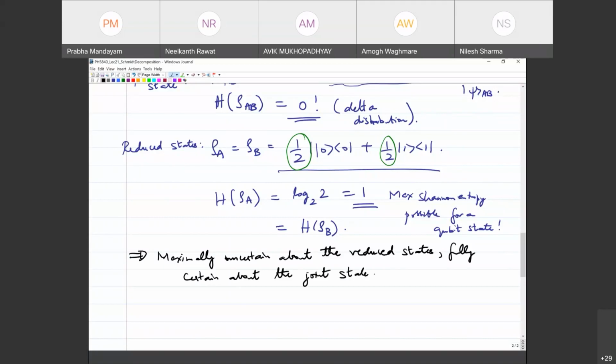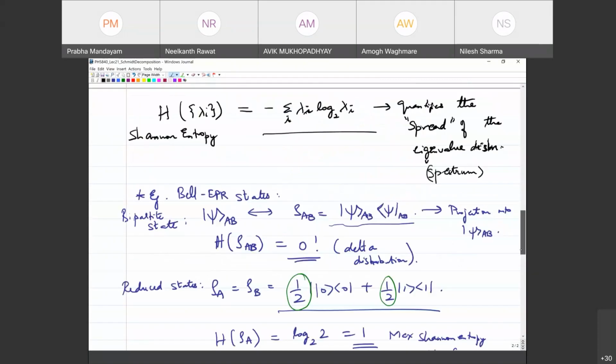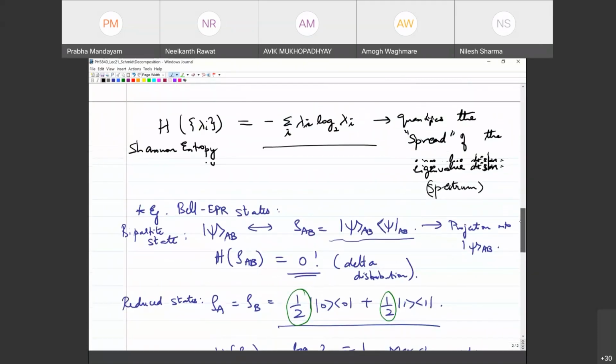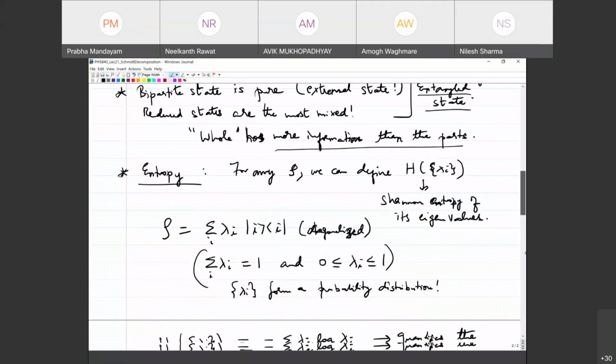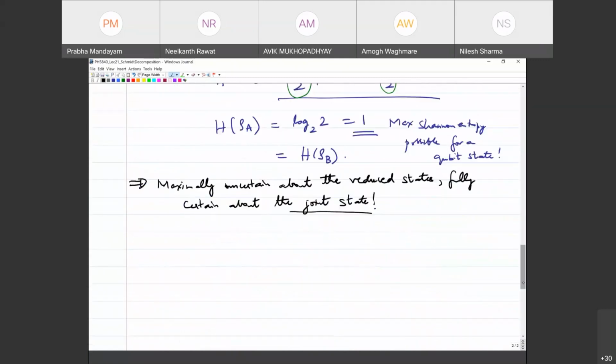Okay. And this can be quantified and made precise via the Shannon entropy associated with the eigenvalue distribution. Okay, so what is the significance of this local versus global description?